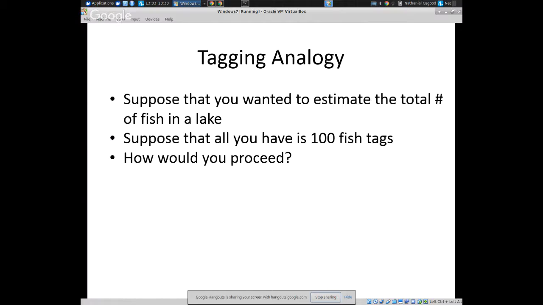Okay, so the basic idea here is you tag the fish, and you hopefully allow them to mix so that all the fish you've tagged are not right next to you. And then you come back and look at what proportion of the fish that you see have tags on them, right?